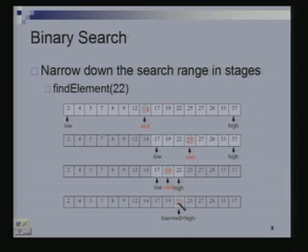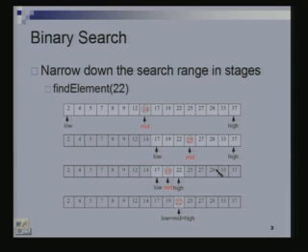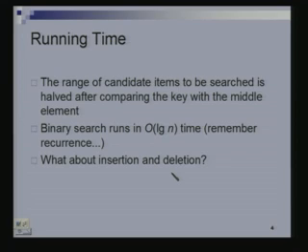In each case you will be able to say whether 22 is there or not, and the number of comparisons in this process is only logarithmic, because every time you make a comparison, the size of the array in which you are searching halves, and the number of times you can halve n to get down to 1 is only log of n. So, you will take order log n time to do the searching. As you recall, insertion and deletion, I said, will take order n time. Any questions till this point?